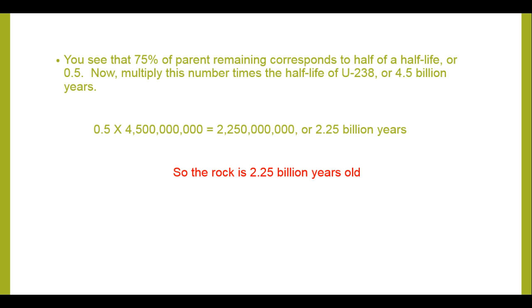So now what I'm going to do is take that 0.5 that I got off my graph, and multiply that by the half-life that I learned from Table 6.2. For uranium-238 to lead-206, I learned that the half-life is 4.5 billion years.